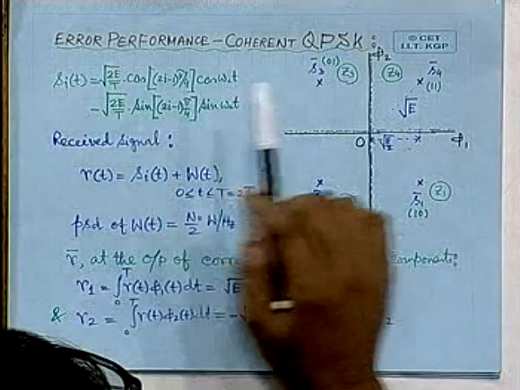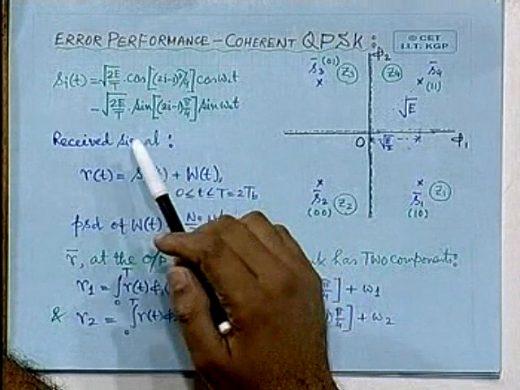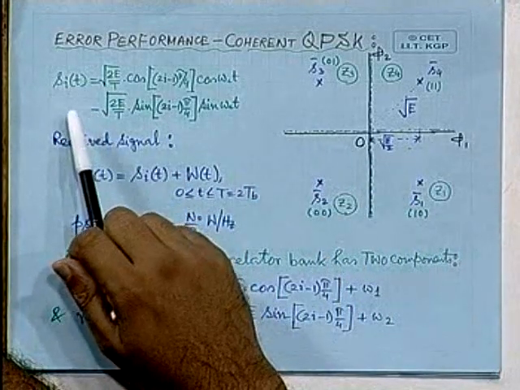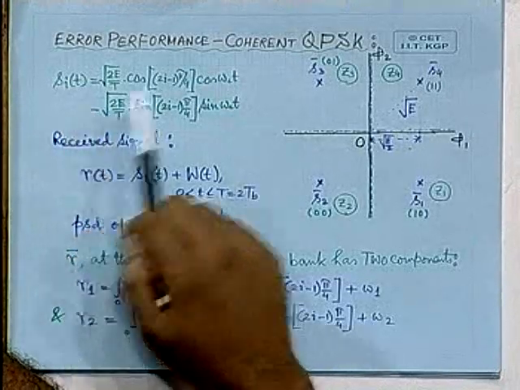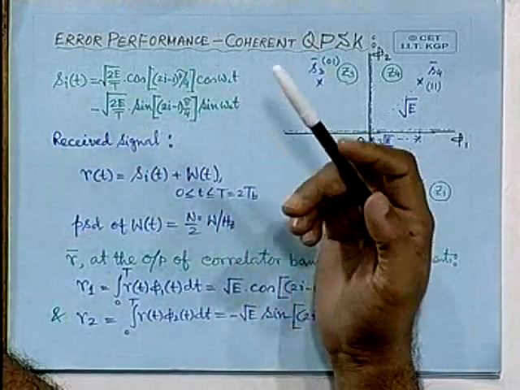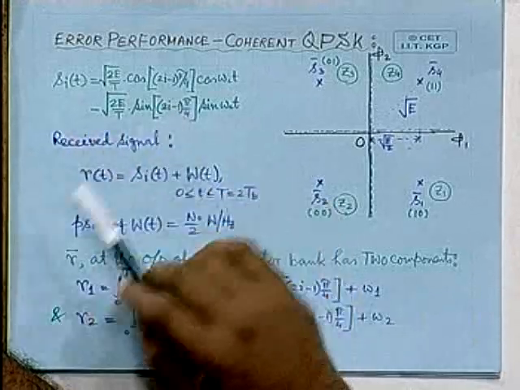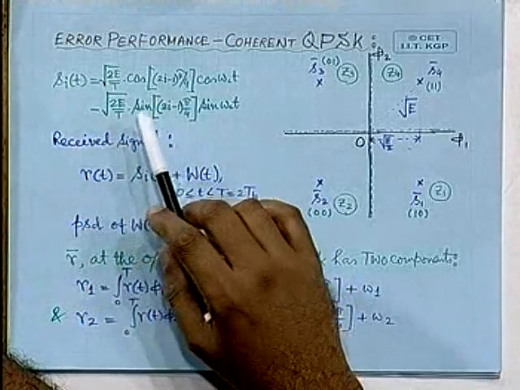I am starting with a brief recapitulation of what we have already encountered. This is an expression for the modulated signal Si(t). I may be 1, 2, 3, 4 as you remember, and we will have 4 such signals for 4 symbols.